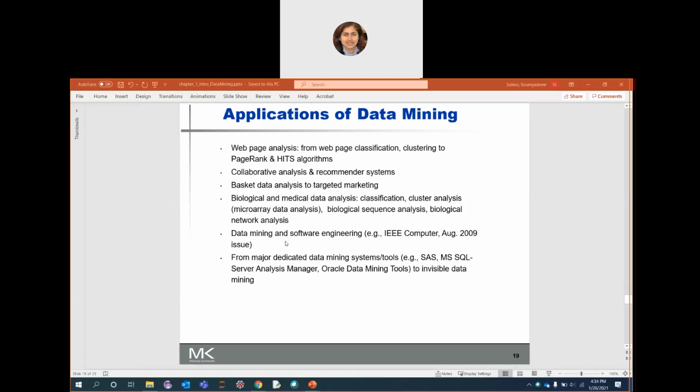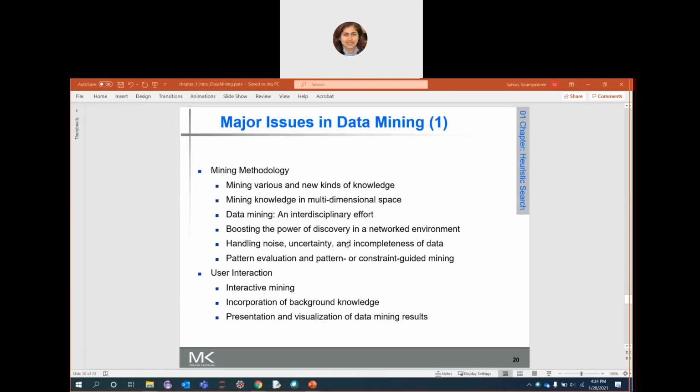So what are the different issues in data mining now? What are the problems or disadvantages? Some of the major issues are efficiency and scalability. And if we have diversified data types, then handling that complex set of data structures and mining them is difficult.